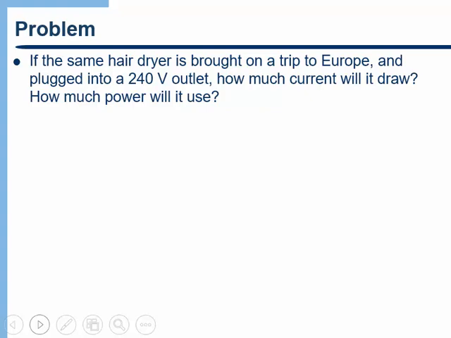But here's the thing. Our hair dryer was designed with a resistance of 9 ohms. And that is determined when that hair dryer is built. That's not going to change. So the question is, what happens if we now plug that in to a 240 volt outlet?